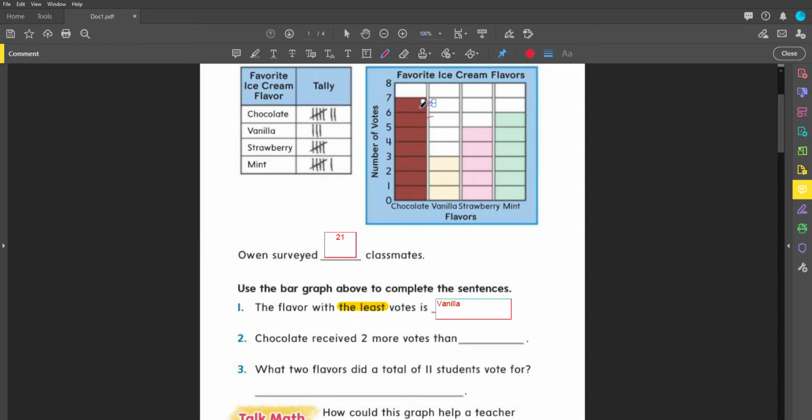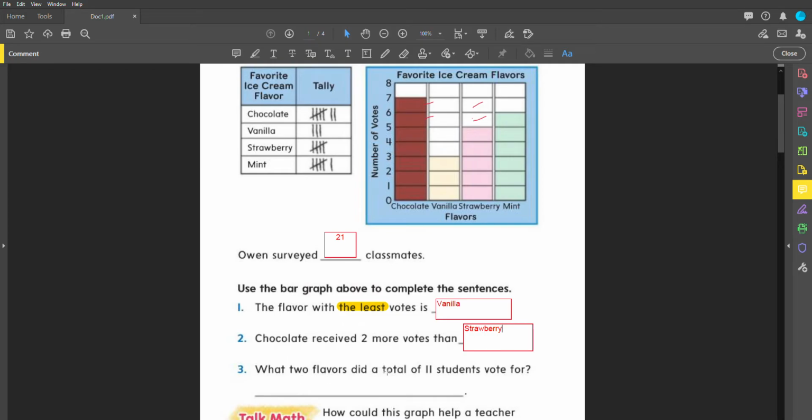It's only 1 more bar. What about the strawberry? Is it 2 more bars? Yes, it's 2 more bars, as you can see from here. Look, 2 more bars and we will reach the chocolate. So, strawberry.